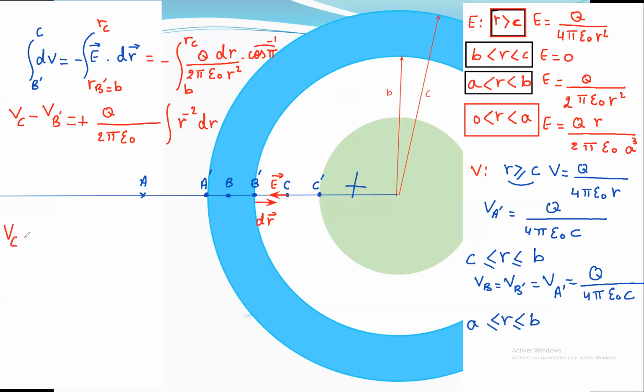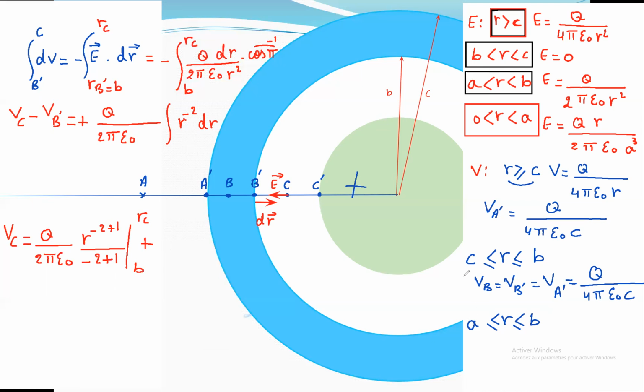Finally, VC equals Q divided by 2 pi epsilon 0, r to the minus 2, and the integral equals r to the minus 2 plus 1 divided by minus 2 plus 1. Okay. And the limit is between B and RC, plus VB prime.